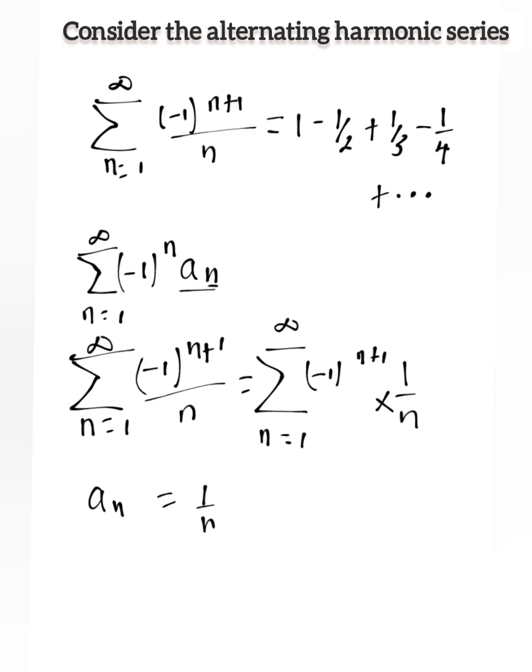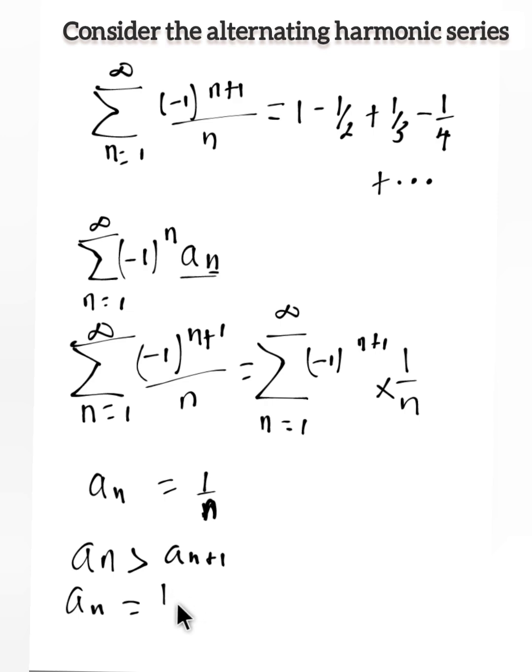Now, in an alternating series, there are two conditions for that series to converge. The first condition is that the sequence must be decreasing. That is, an should be greater than an plus 1. Now, an is equal to 1 when n is equal to 1, 1 over 2 when n is equal to 2, 1 over 3 when n is equal to 3, 1 over 4 when n is equal to 4, and it goes on.